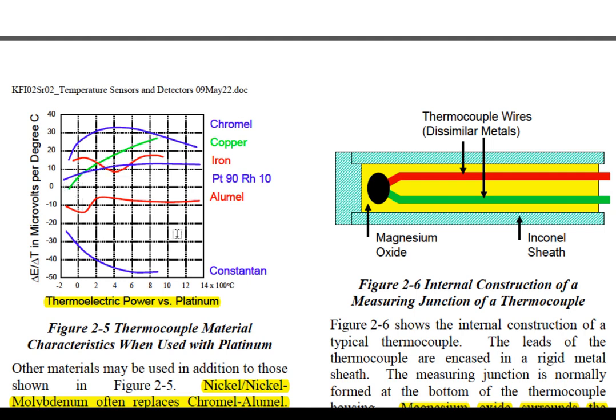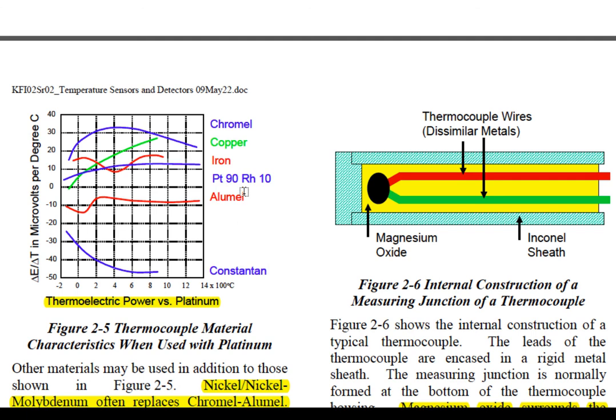Out of all of these lines that I see here, copper looks the most promising as your second metal with platinum. Number one, it has a better proportionality, a more linear curve, your y equals mx plus b. Number two, it has a greater difference in potential, goes from 0 almost up to 30 degrees centigrade based on that of the platinum down at the bottom.